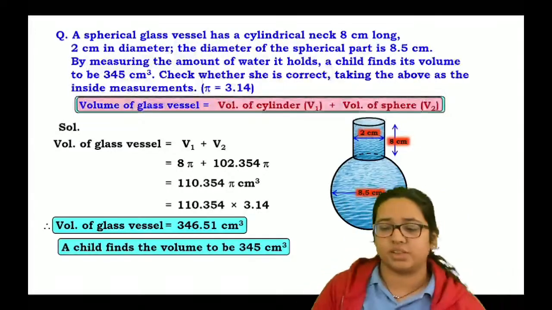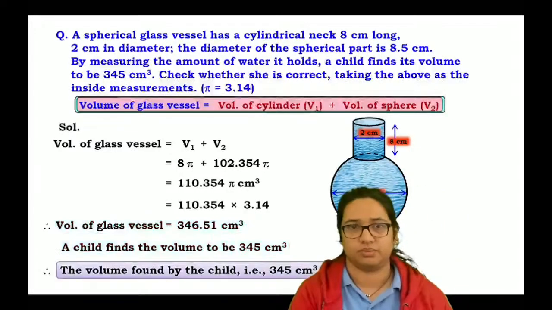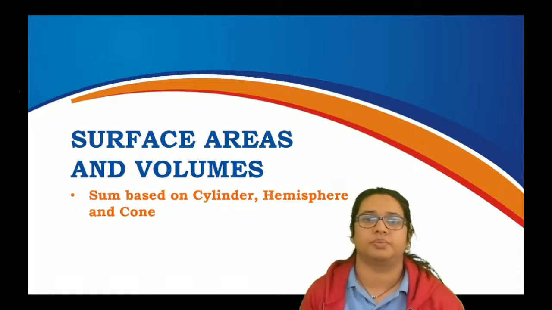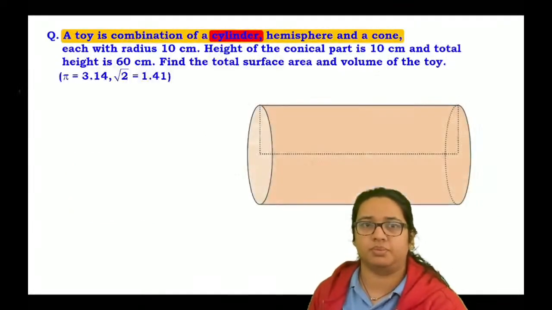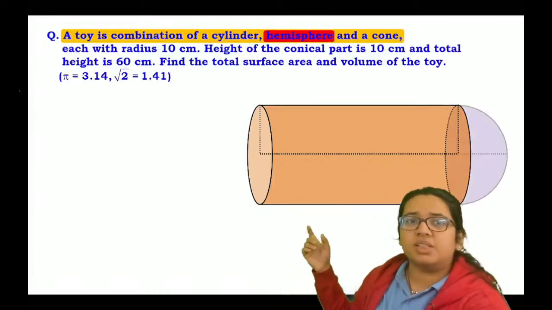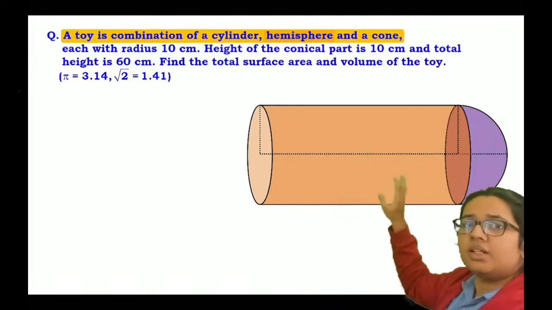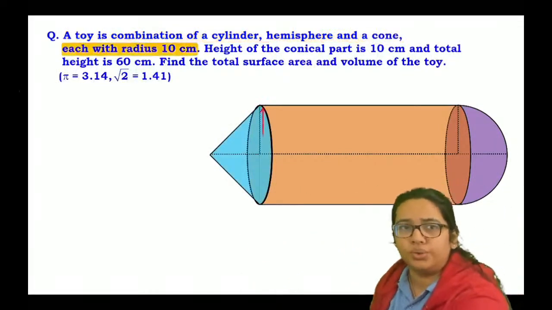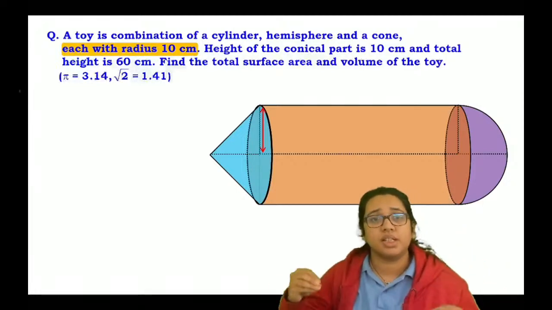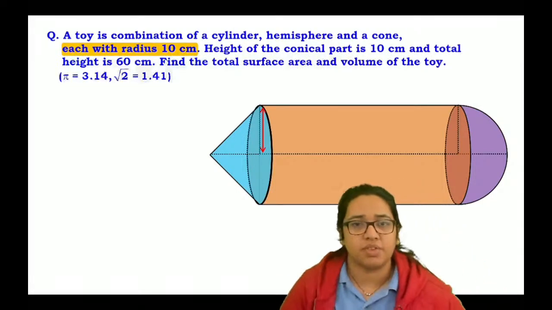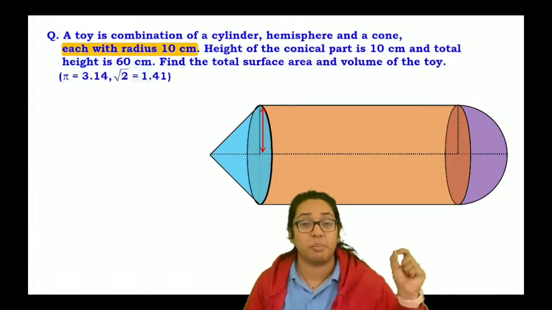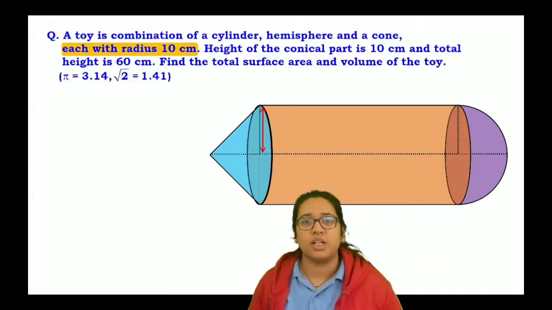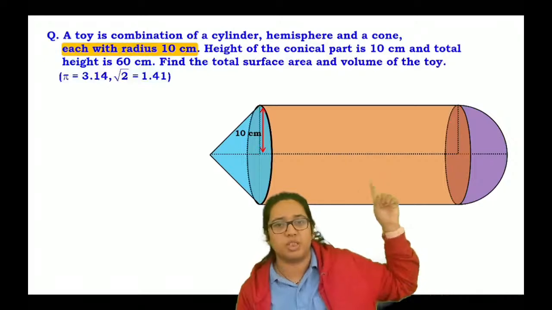Should we go for the next question? A toy is a combination of cylinder, hemisphere and cone, each with radius 10 centimeter. So already we have studied this type of question. I think it's of that medicine one, but for that there will be hemisphere on both sides.